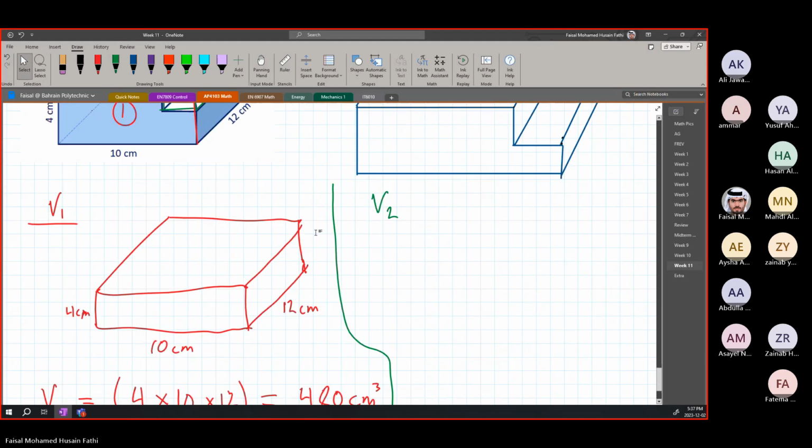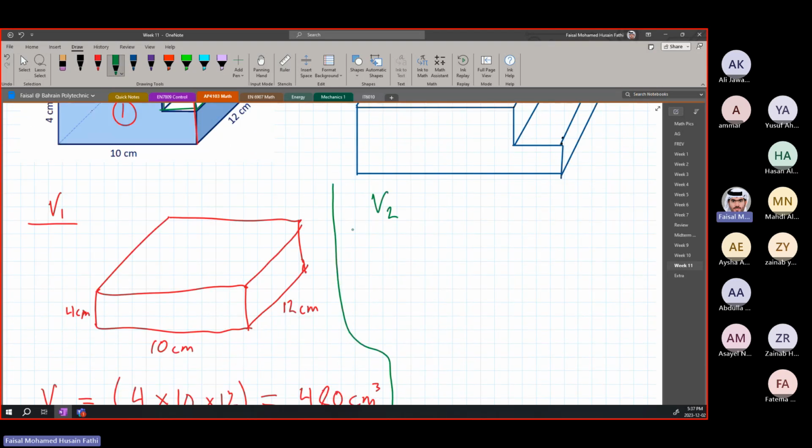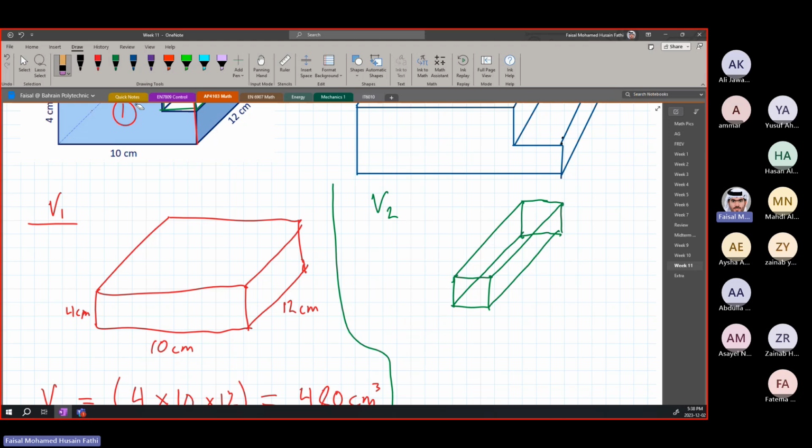V2. Our V2 now is this rectangular prism. Or actually, I think it's a square prism, but we will see now. Okay, it's this one. Let me actually remove some of these lines so there's no confusion.